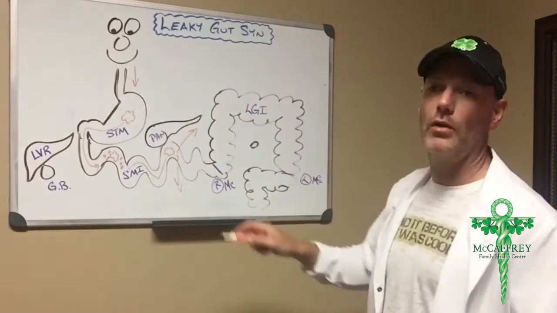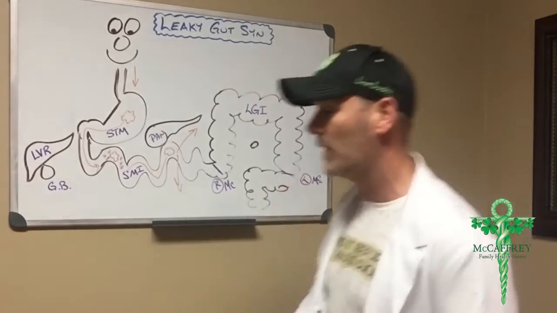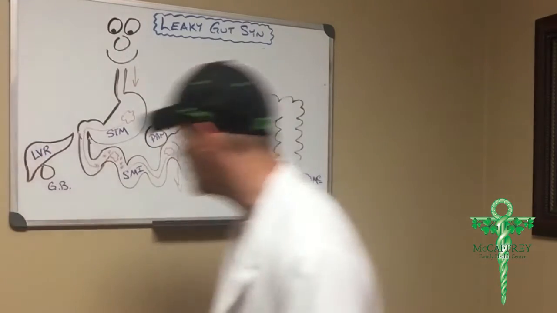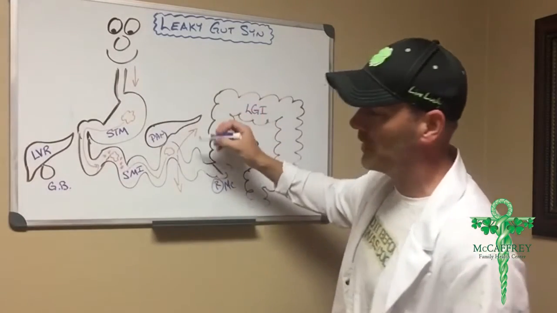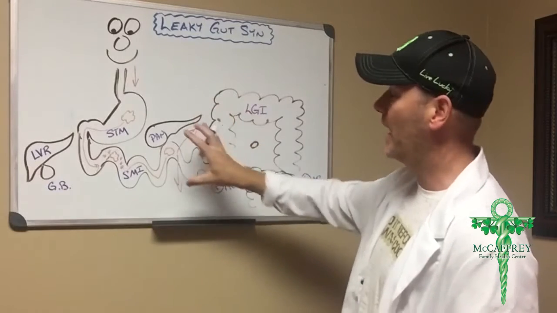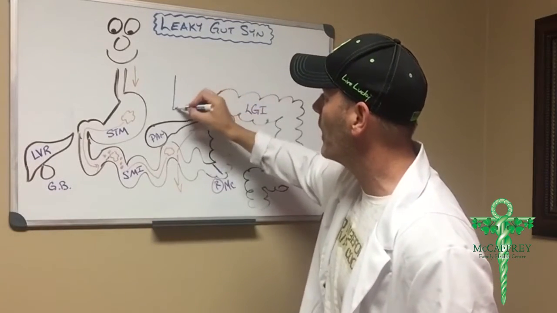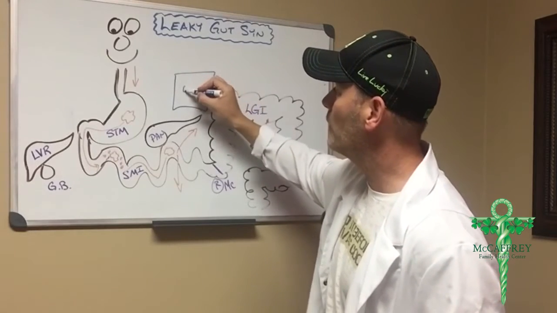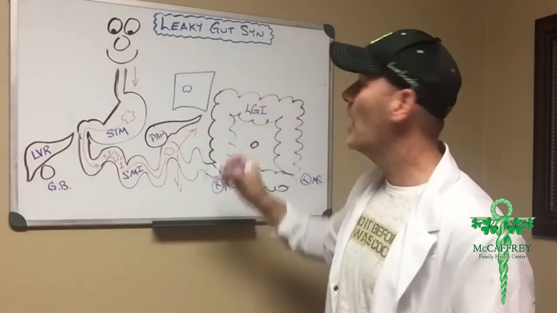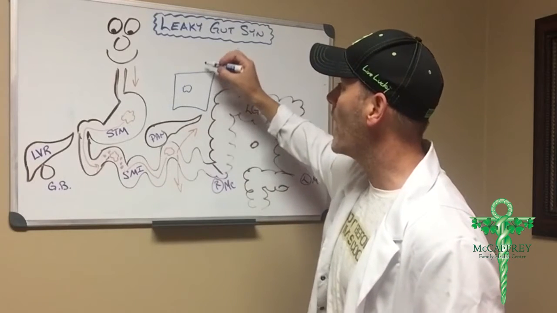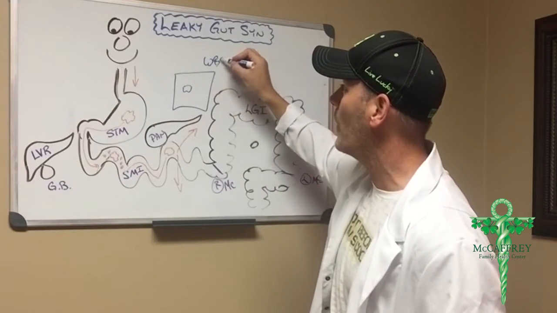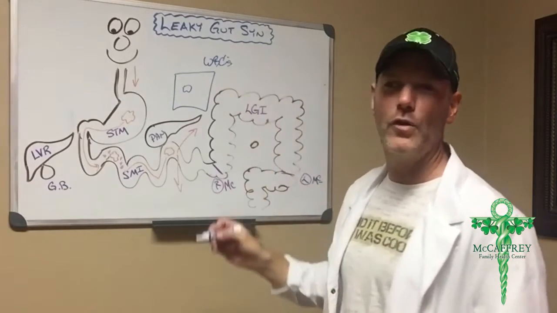Now, when these food particles start to leak back inside, this is where it gets interesting. As that particle leaks in, we're going to take this section right here and kind of draw it out. Once this thing leaks in, we'll make a little window box. You've got this little food particle that leaked inside. All of a sudden now, your white blood cells come along and say, wait a minute, you're not food any longer.